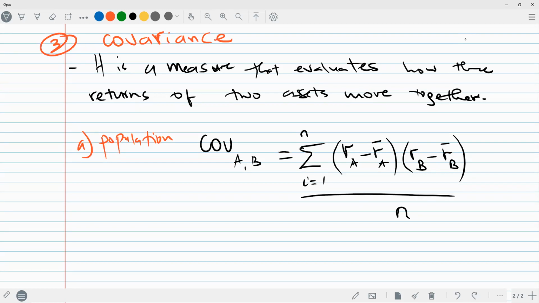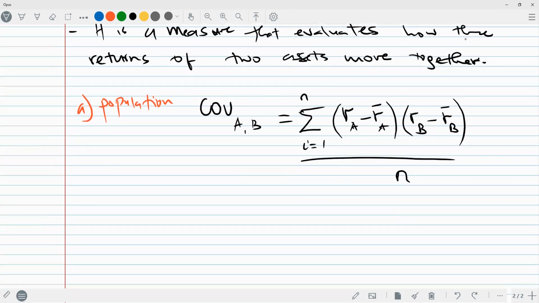It's just like the use of the variance. Okay, that's for the population. What if we did an example?